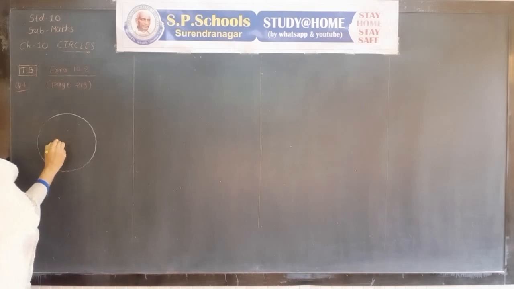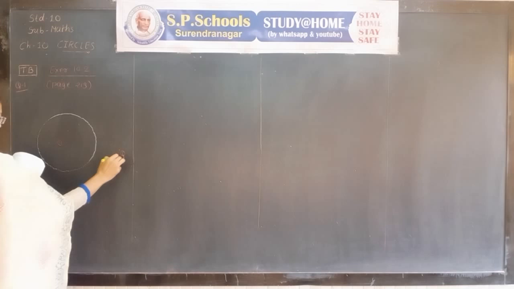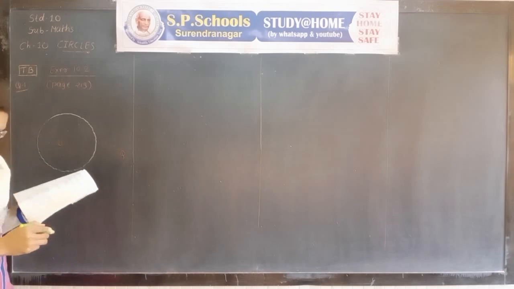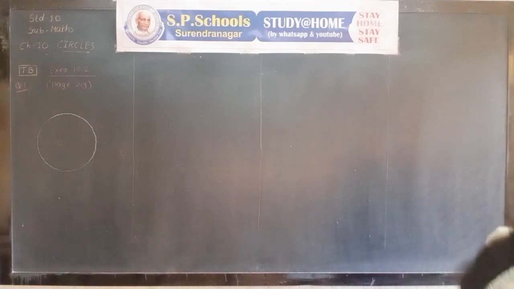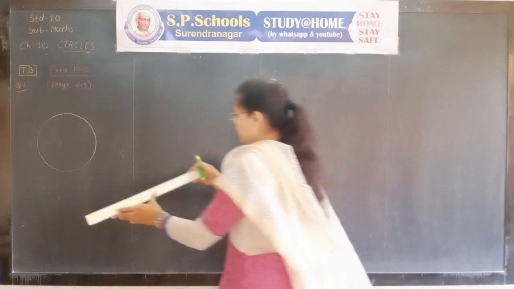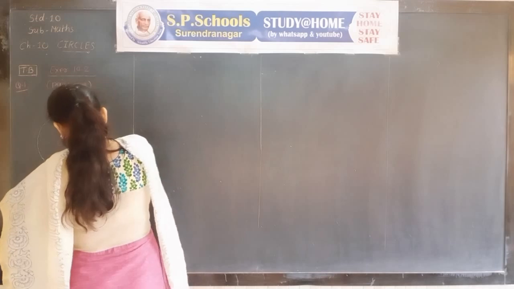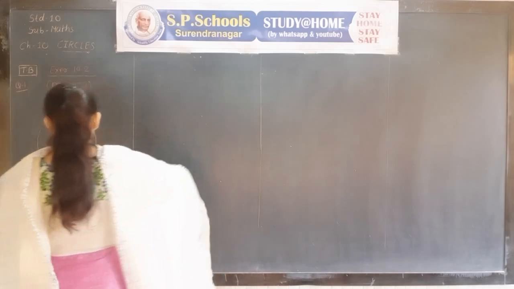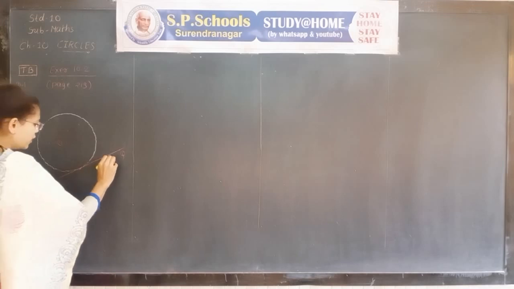Suppose O is the center of circle and we have to draw one tangent from point Q. Point Q is lying outside the circle. Now using a scale, draw a tangent from point Q. Length of tangent to the circle is 24. From point Q, we draw one tangent, the point of contact, and the length is 24 centimeter.